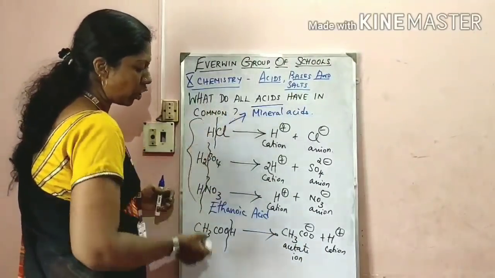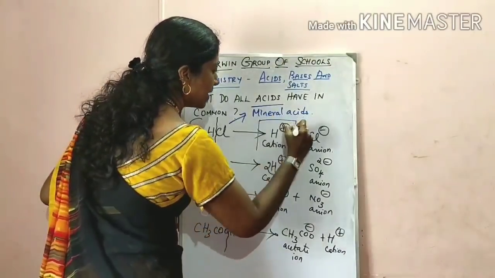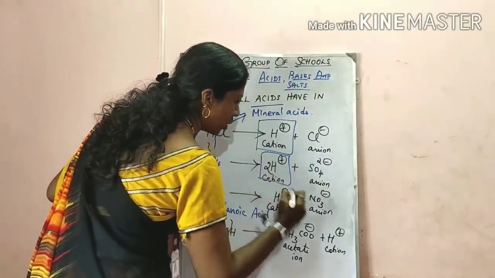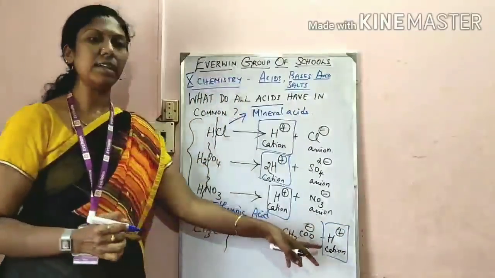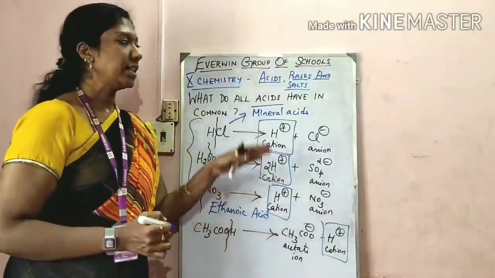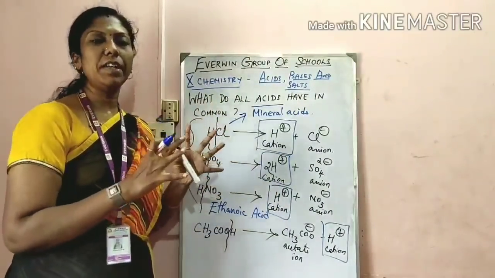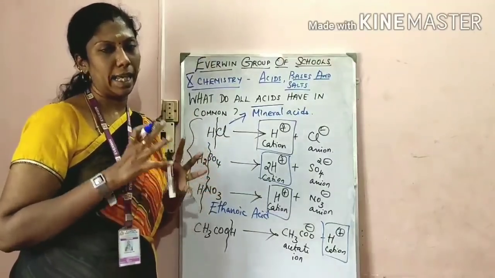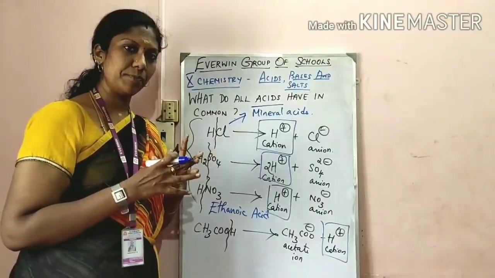So what is common in all the acids? The common part in all acids is H plus ions. Acids get dissociated as H plus ions. That is what is common in all acids. Now, is a compound containing H also an acid?